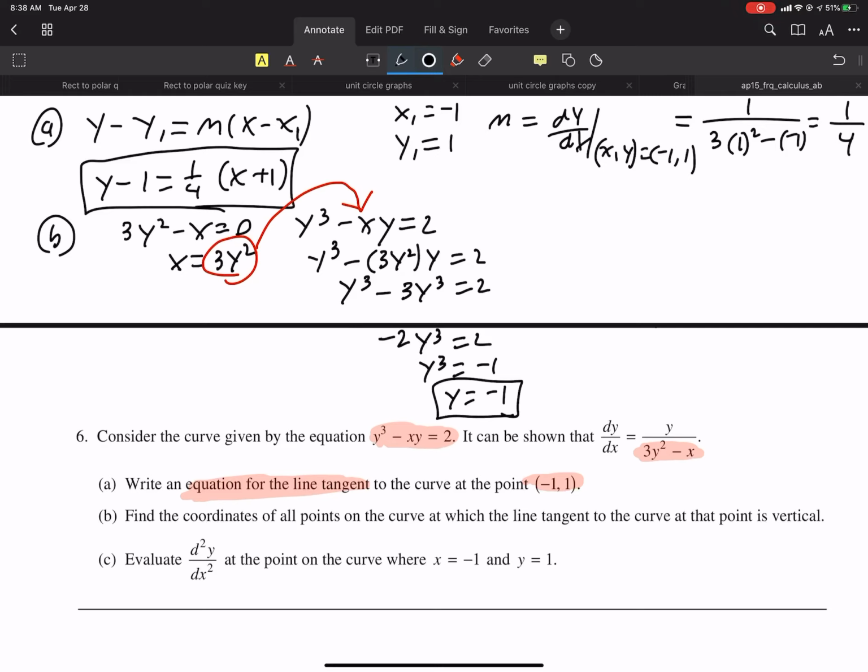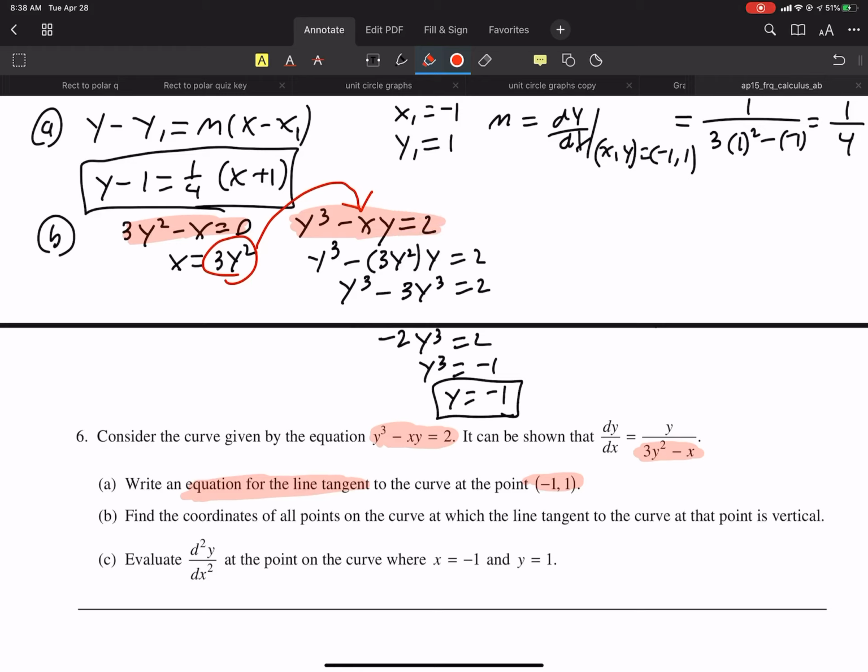Now we have to solve for the x coordinate. So again, we have two equations to work with here. Actually, that's not the two. Let's back up a little bit. Our first original two equations are these two.